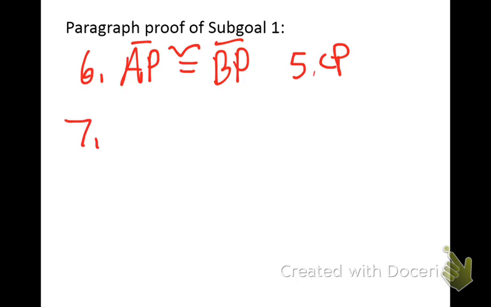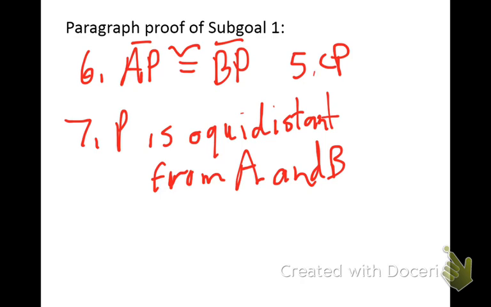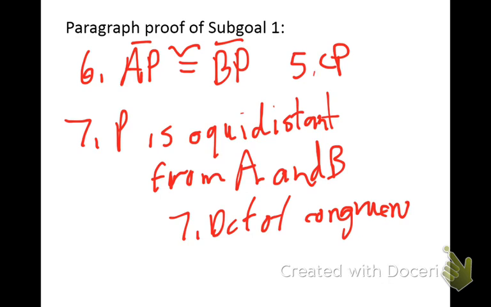And then step 7, P is equidistant from A and B, and that's by definition of congruence. Any questions there?